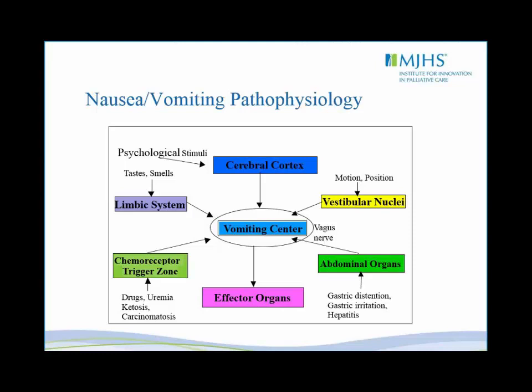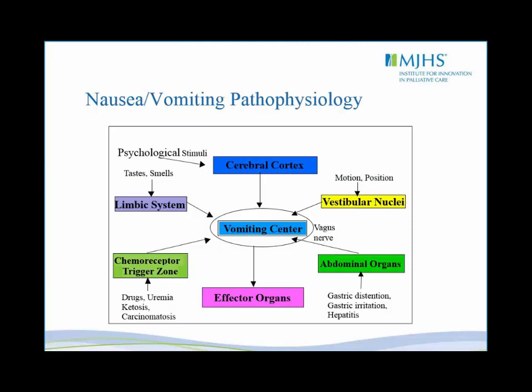Therefore, when we choose an antiemetic, we will be able to choose a drug that is more specific to act on a specific center, and therefore probably give better results.